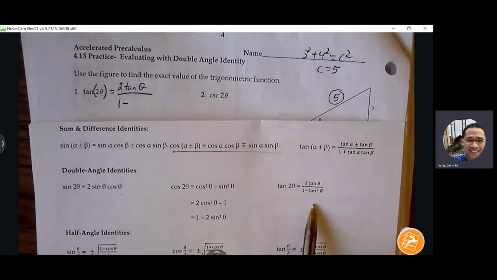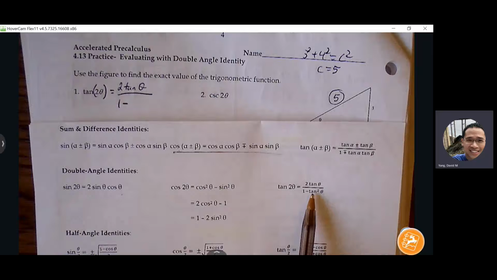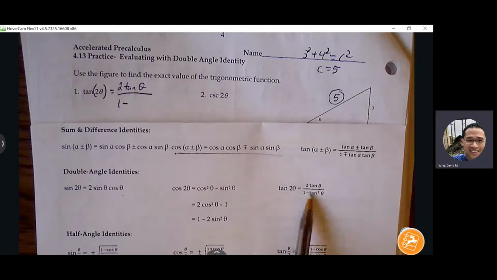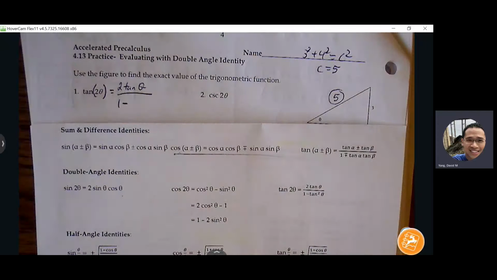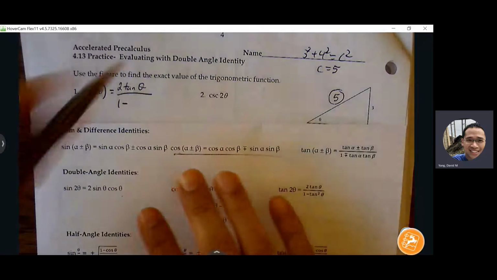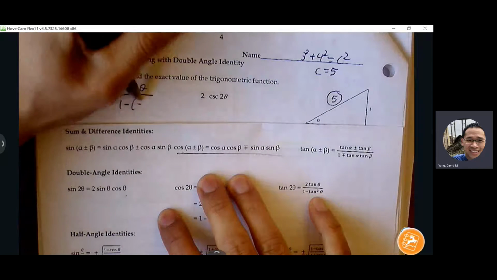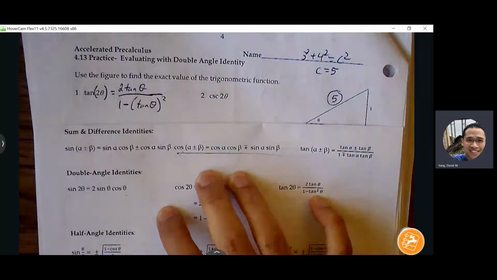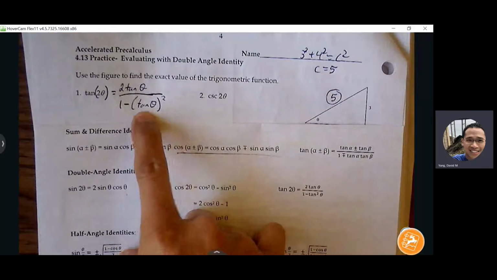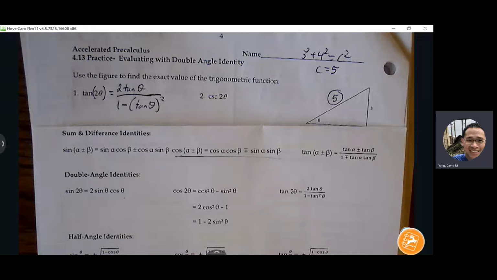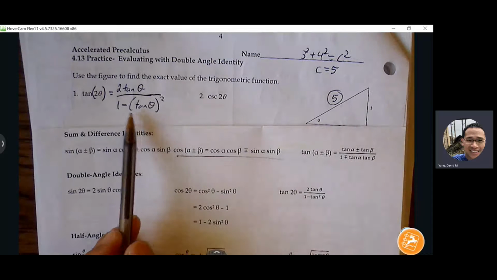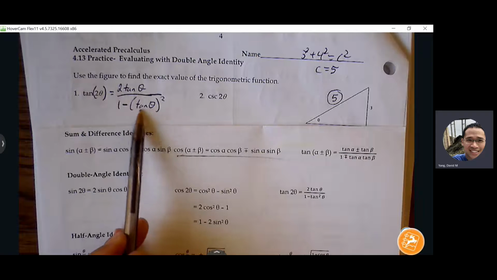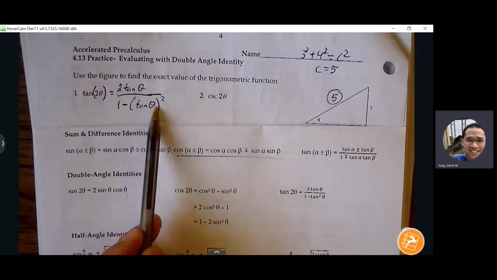Now, whenever you see tangent squared theta, this is a shorthand way of saying that they want the entire tangent of theta squared. Sometimes writing it out this way requires more things to write out, but it is more beneficial visually because you know the entire tangent of theta is being squared.